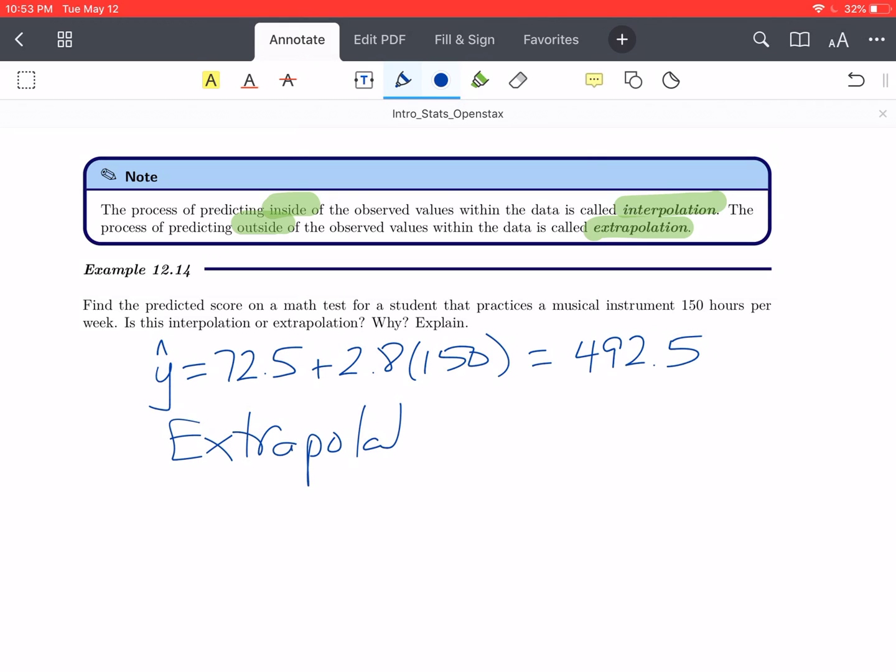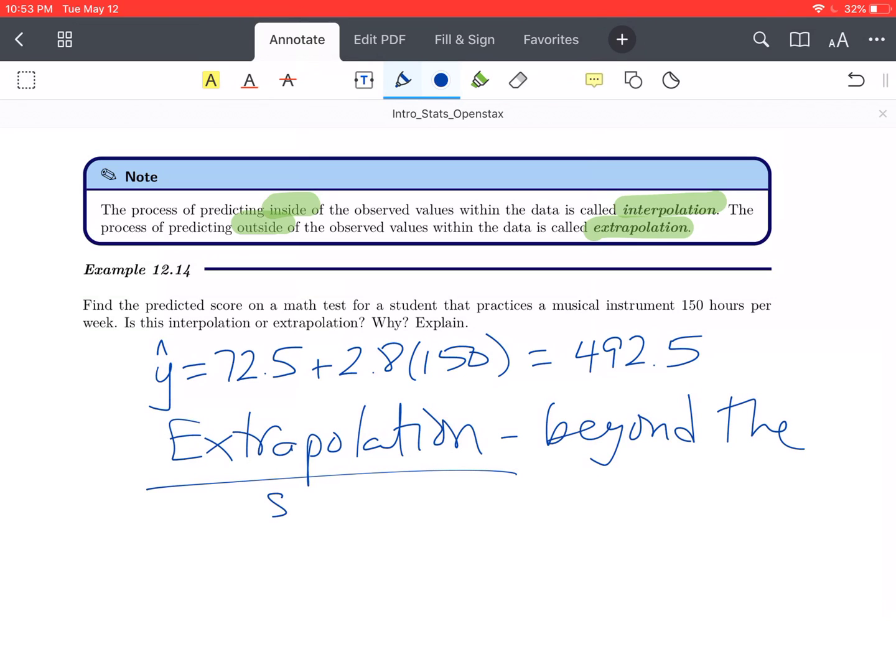This is extrapolation because we're certainly working outside of the scope of the model, right? This is beyond the scope of the model.